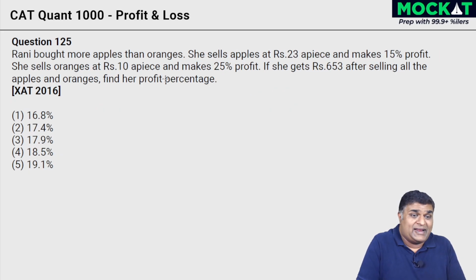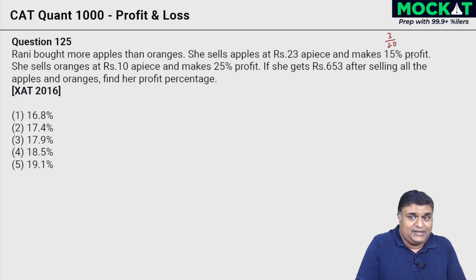So Rani bought more apples than oranges. She sells apples at 23 a piece and makes 15 rupees profit, right? Now these are the places where we have to be a little quick, right? I'm not going to be discussing the entire lesson per se, but by now you should have an idea. 15% converted to a fraction, 3 by 20, right? 15% is 15 by 100, which is 3 by 20.